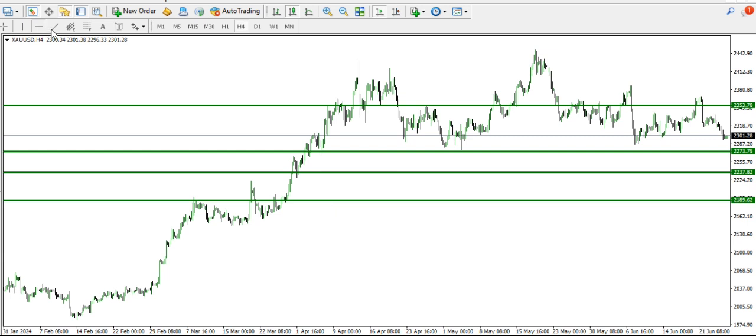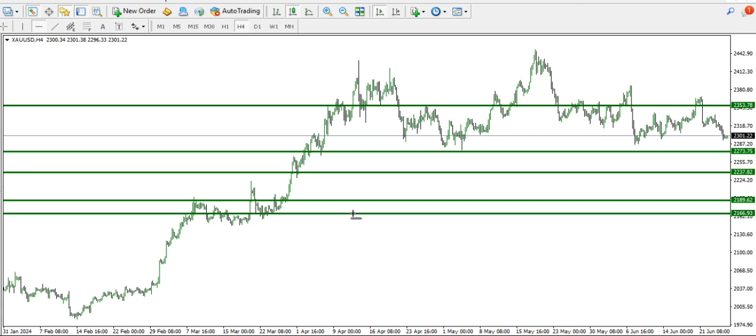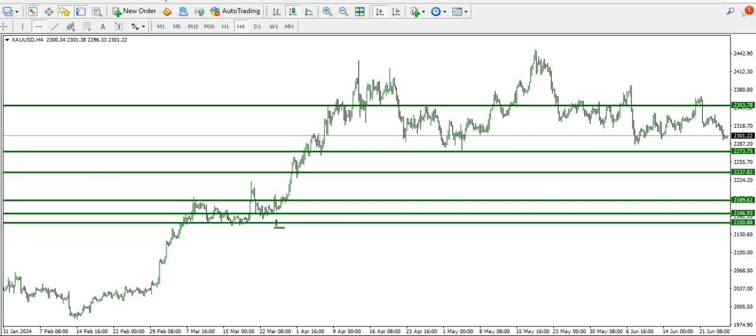And we have another one, 2166. Okay, we have the last one here, 2150. These are points where price might get and find buyers. The price might likely start to go up from there.